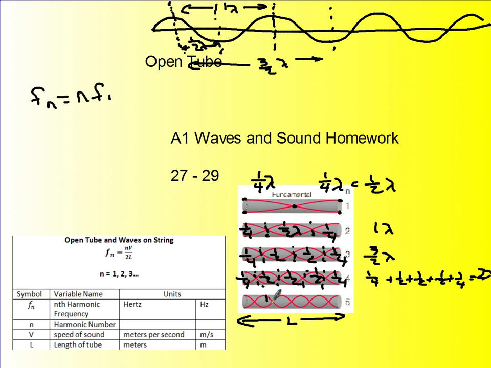So this is 1/2. So I've got 1, 2, 3, 4. So I have 4/2 of a wavelength. And then I'm going to add here 1/4 plus 1/4. Fractions, aren't they great? 1/4 plus 1/4 is 1/2. So 4/2 plus 1/2 is 5/2. All right. That was probably a little too much fun.